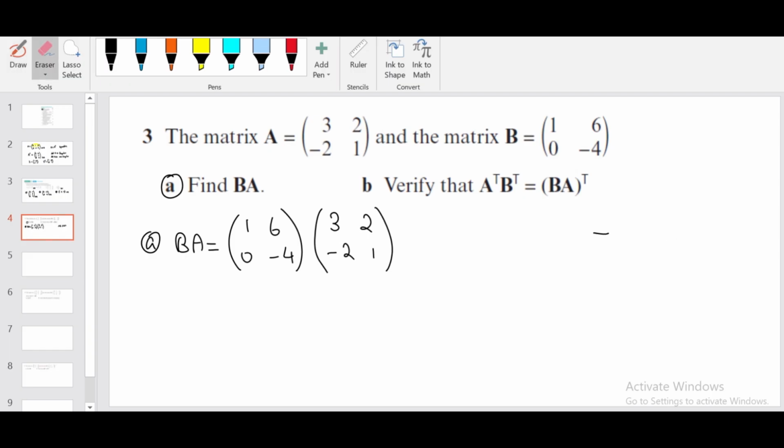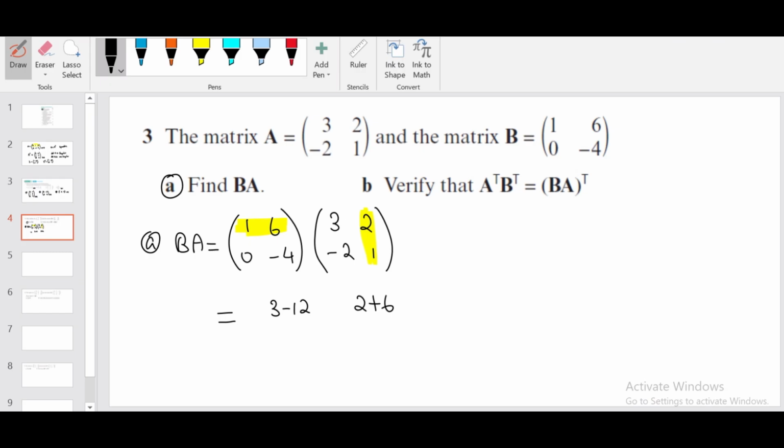So you need to take B first and then A. Remember the multiplication, take the first row, multiply by the first column. 3 times 1 plus 6 times minus 12. So you will get 3 minus 12, and then multiply by the second column, you will get 2 plus 6, right?